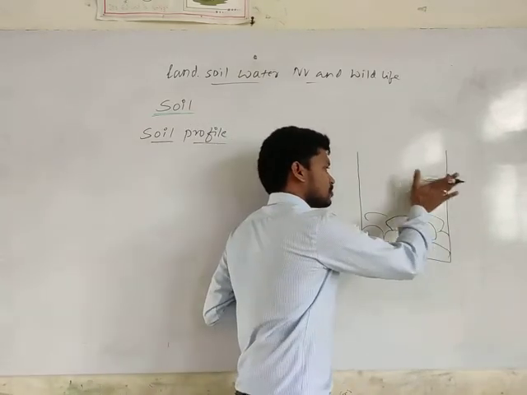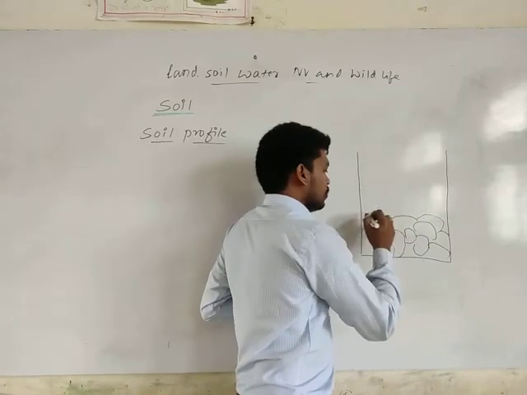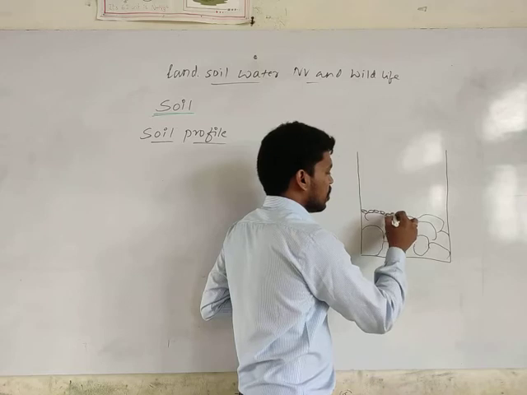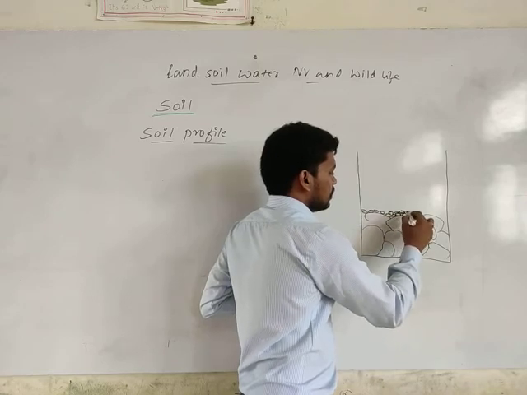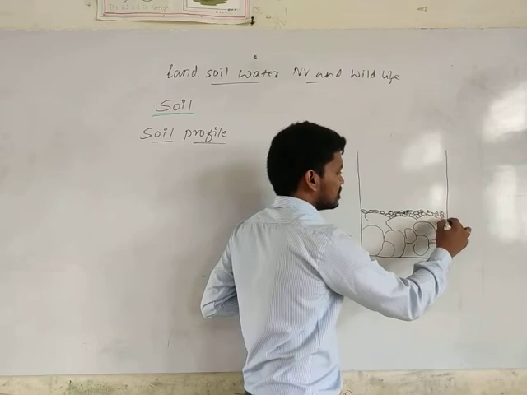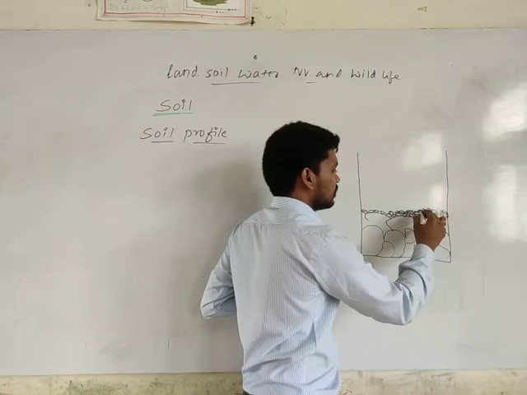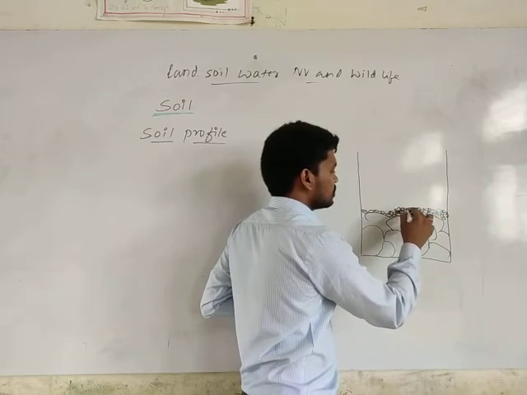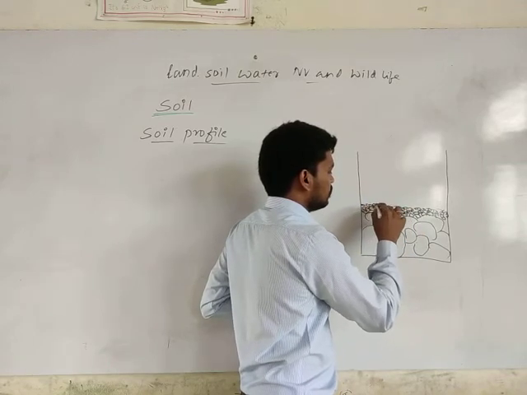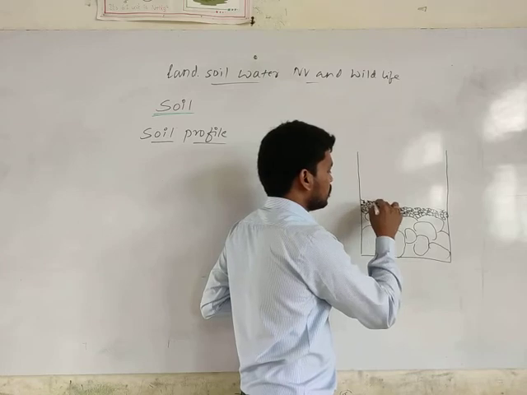So then, what is the next process? When the rock gets weathered, it gets fragmented, meaning it breaks into small particles. That is called weathered rock, which is broken into small pieces.